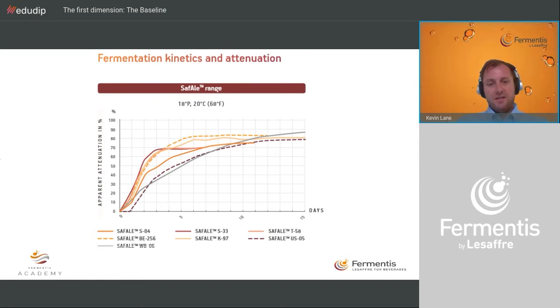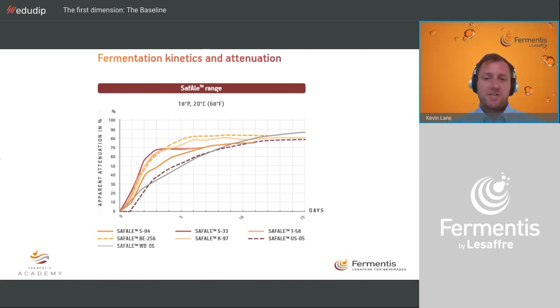Here again, you can see that the USO5, that dashed darker purple line, has about a 1-day lag phase. The rest in this study at 18 Plato started right away. We're fermenting by the 24-hour period. But again, you can see differences in the rate of fermentation, in the time that it took to complete fermentation, in the attenuation level reached by each of these strains.